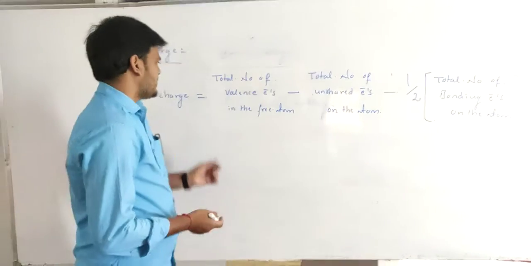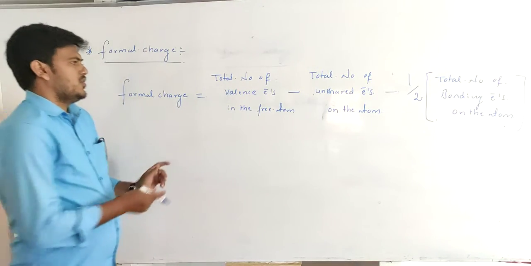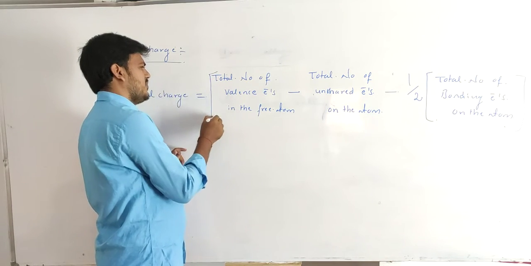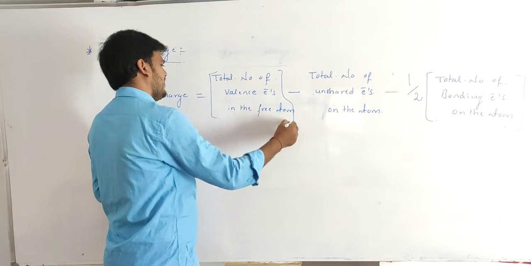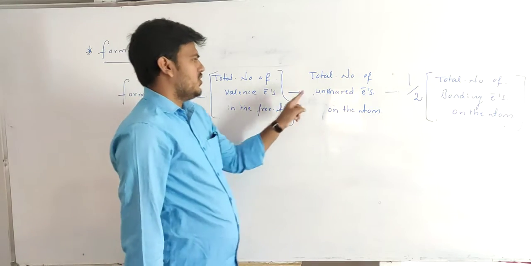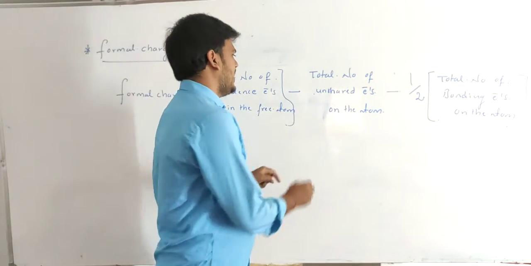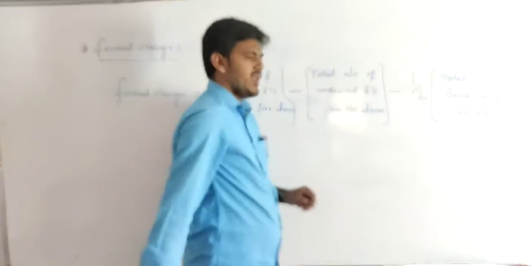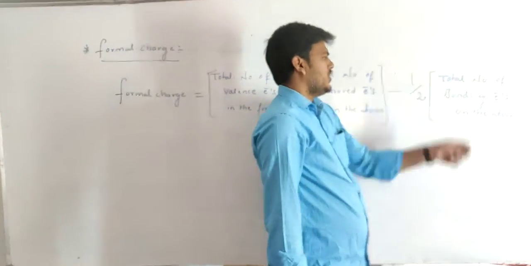So formal charge is equal to the total number of valency electrons in the free atom, minus the total number of unshared electrons on the atom, minus half into the total number of bonding electrons on the atom.